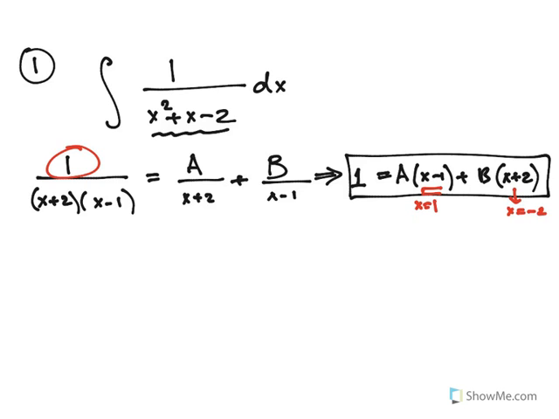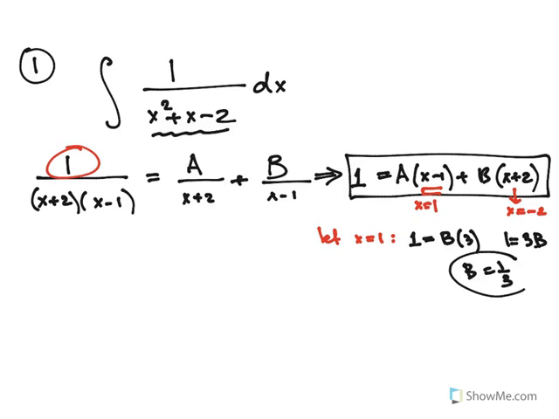So then you say let x equal 1. Then if you plug in 1, you get 1 equals A times 0, which is 0, so it's just B times 1 plus 2, which is 3. So in other words, 1 equals 3B, and B equals 1/3.